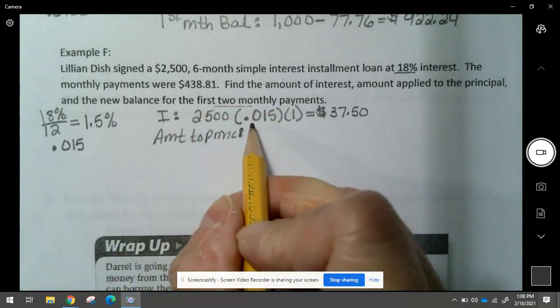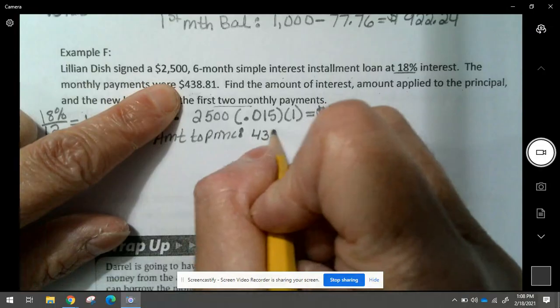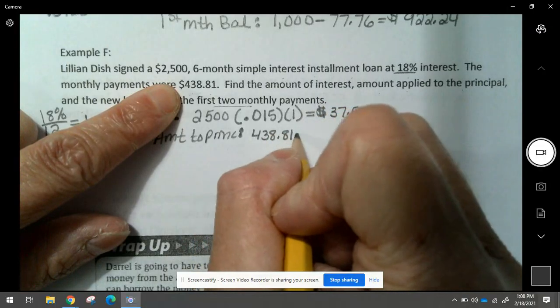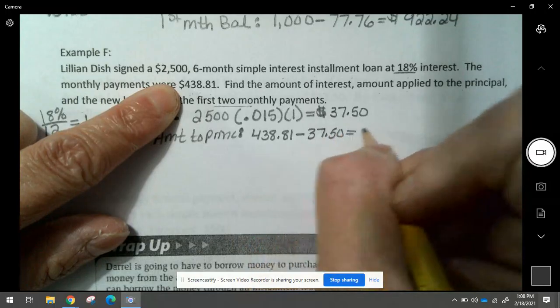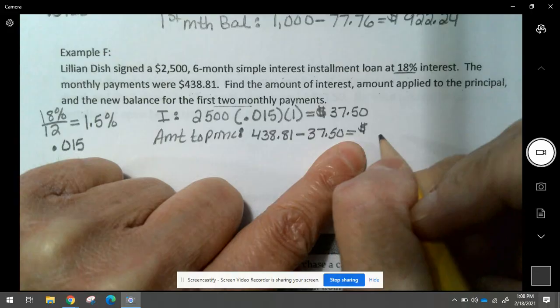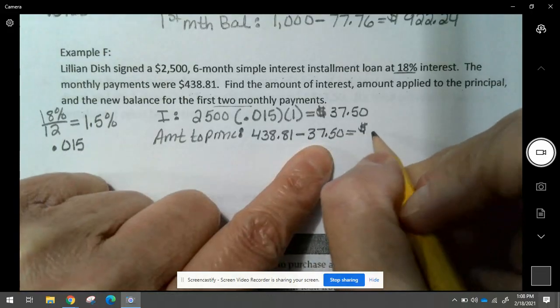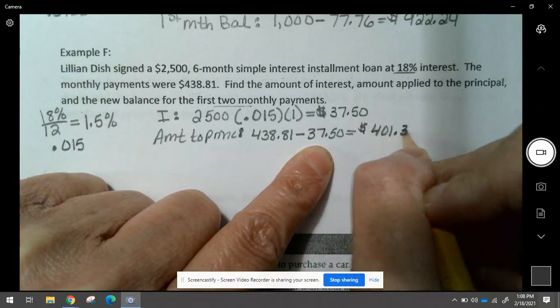And remember, I use my payment amount. My payment amount is $438.81, and I'm going to subtract off that interest. This is what's going to come off of the principal balance. So when I do this subtraction, I get $401.31.